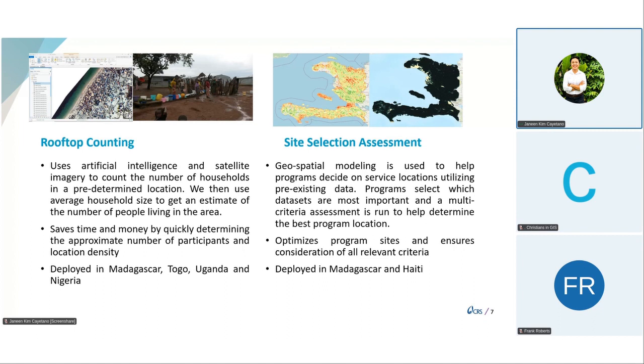So yes, it helps us optimize program sites by considering all relevant criteria. It doesn't need to be just finding the best shelter location. As long as you have a set of criteria, then, as we are all familiar with the GIS concept, you put weight distribution depending on which criteria we think have more effect on the result that we're looking for.